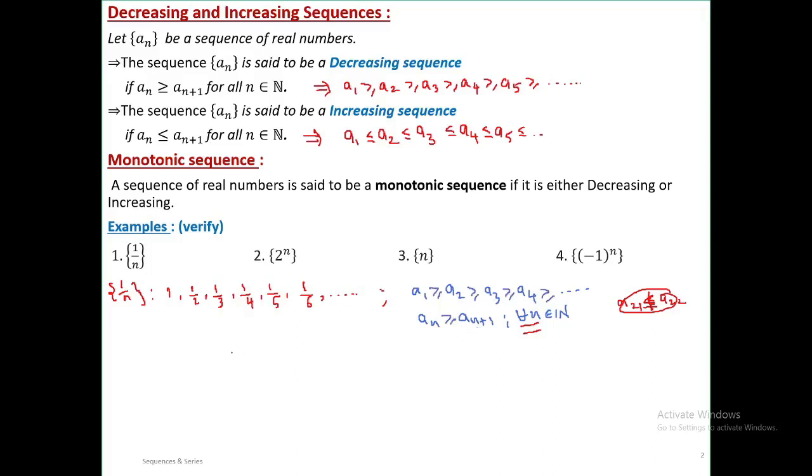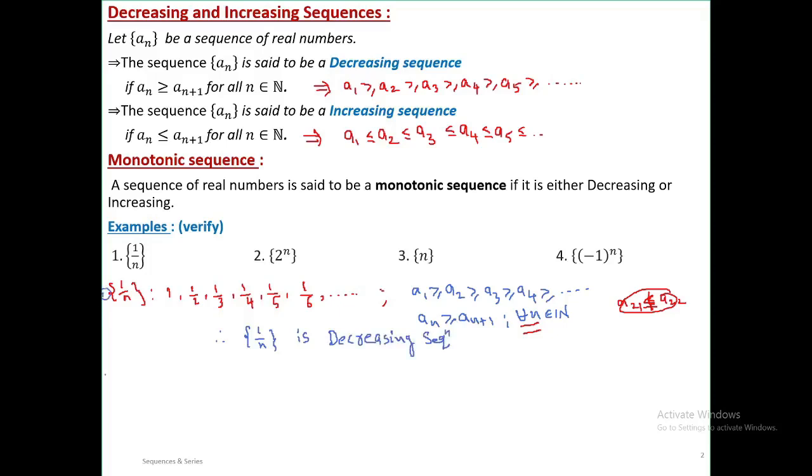Therefore the sequence an, which is 1 upon n, is a decreasing sequence.